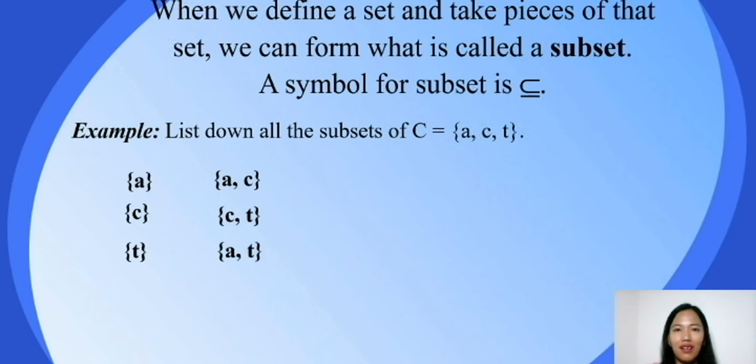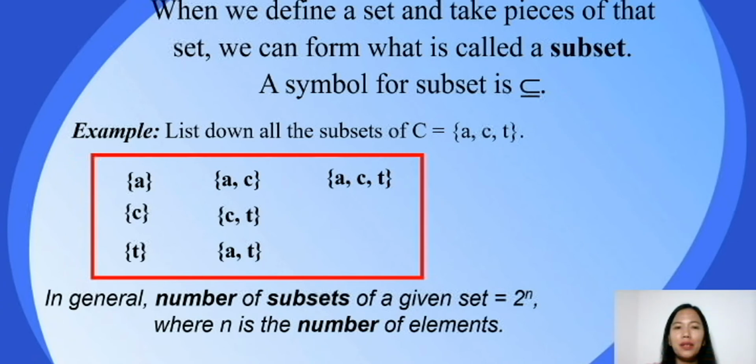So these are also subsets of set C. And finally, let us take three elements this time. So that is A, C, and T. We cannot take 4 elements anymore because there are only 3 elements in the given set. So these are the subsets of set C.